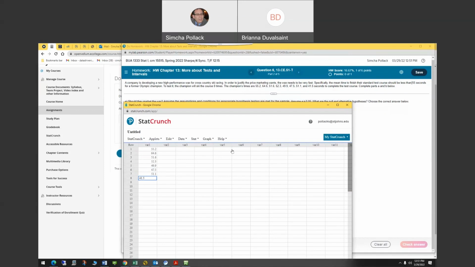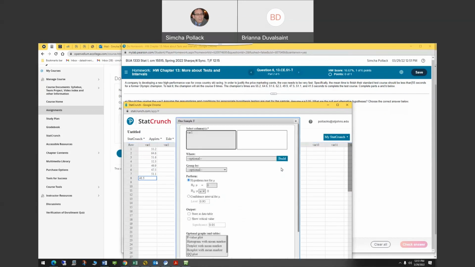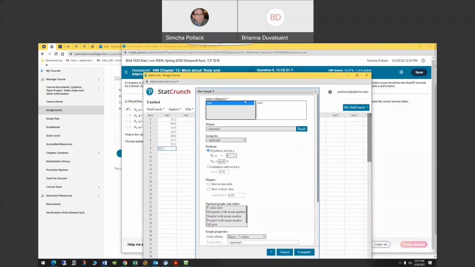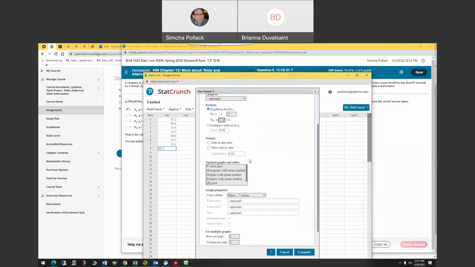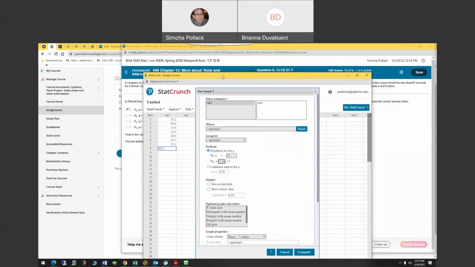Since we don't have that, we go into Stat, one sample with data. I'm going to tell the computer where our data is found. We're testing mu equals 55 and mu less than 55. We do want the significance level of 0.05, I believe.